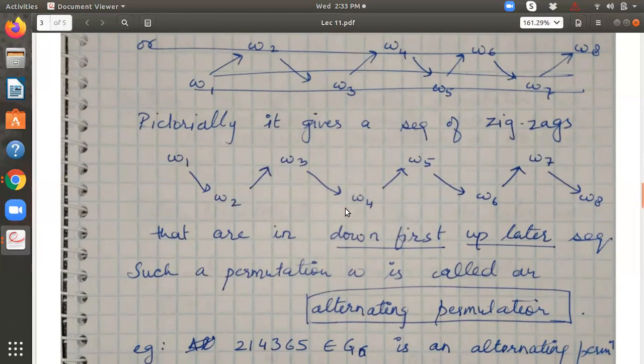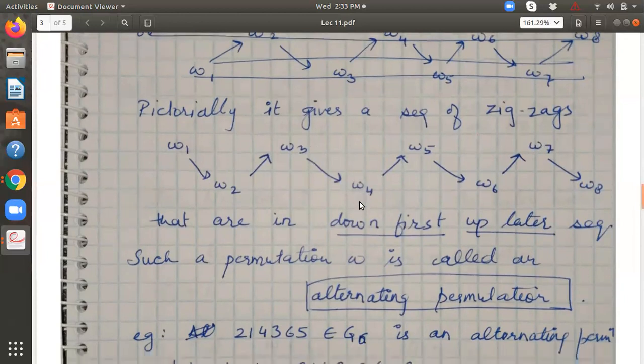There is no arrow here either, so I'm not comparing these at all. I am only comparing this with this. I am not comparing this with this. This comparison goes only with this, this comparison goes only with this, this with this, and so on.